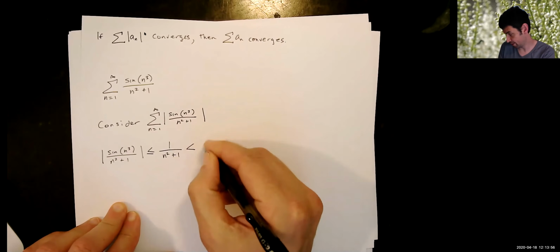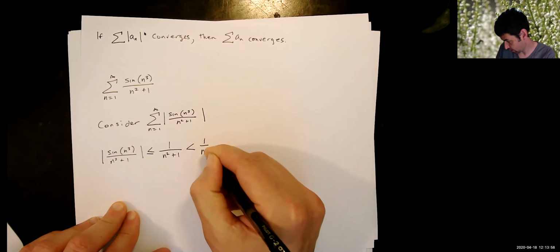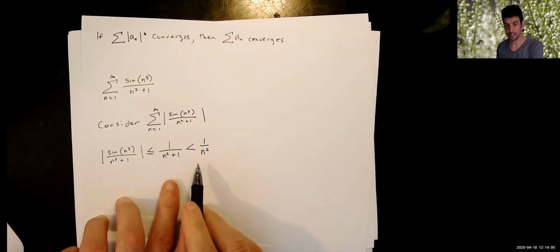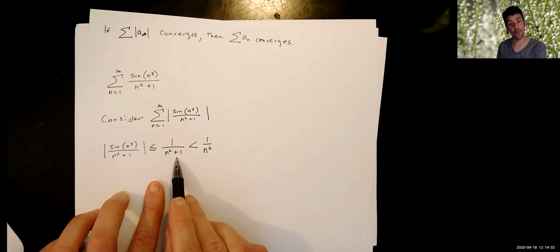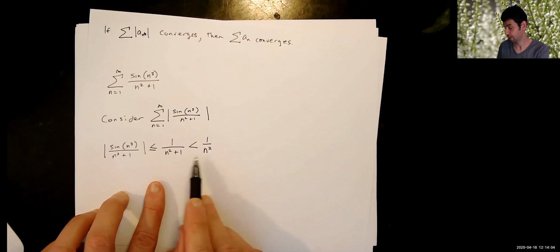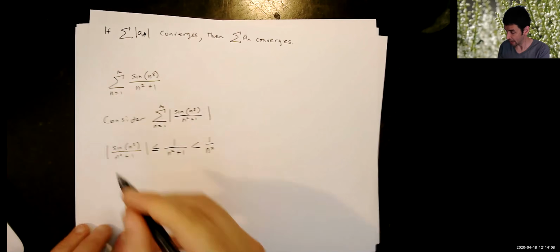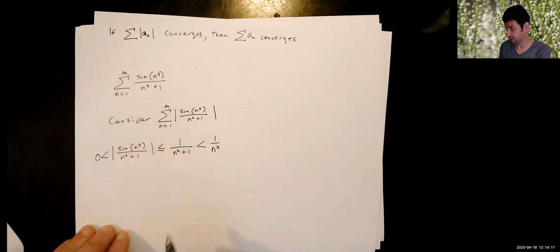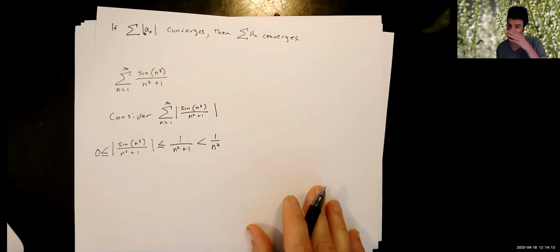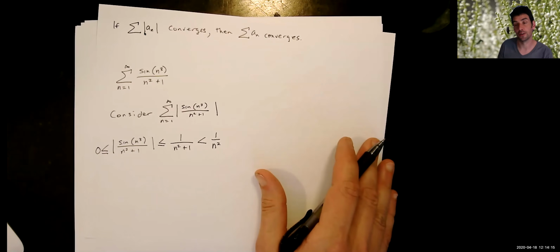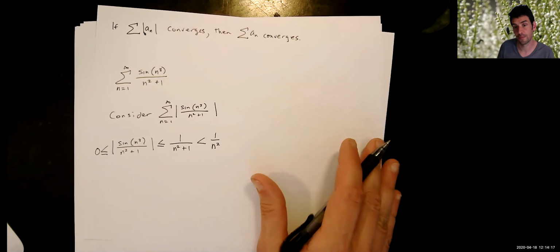Okay, so I think it's easy enough to see that this is true. And this is also pretty clearly true. We're adding 1 in the denominator, so our fraction is smaller compared to 1 over n squared. I think it's also pretty obvious to say these things are all positive, greater than or equal to 0.